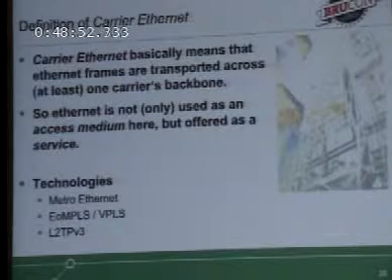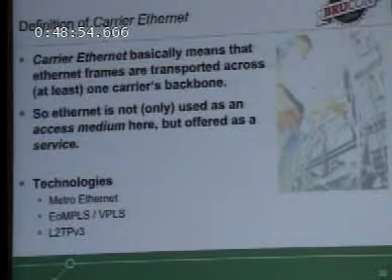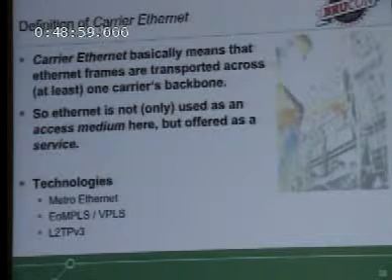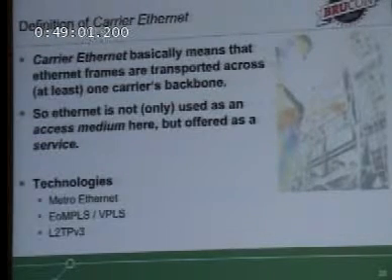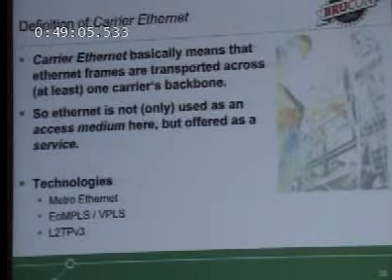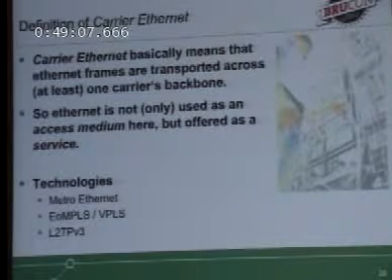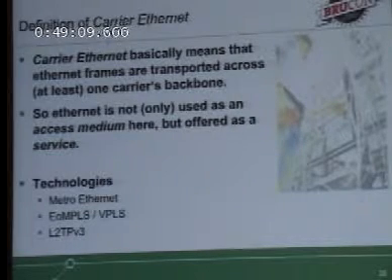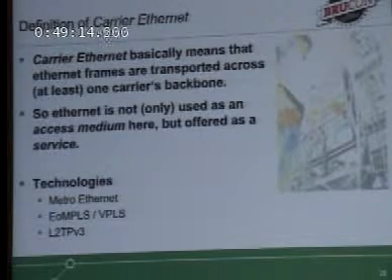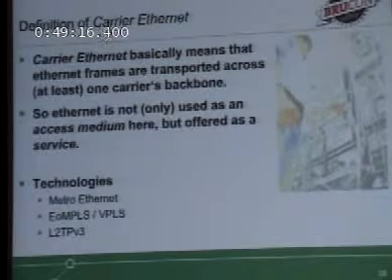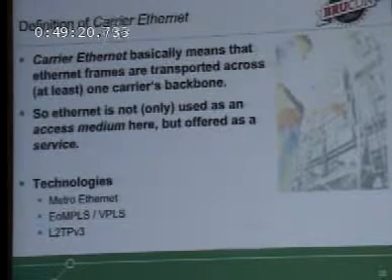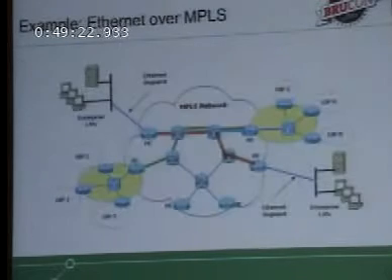So Ethernet is not only used as an access medium, it's used as a service, and these services are, depending on the provider or the implementation, called Metro Ethernet or Ethernet over MPLS or virtual Ethernet frames. You can use layer 2 tunneling protocol version 3. So all these kinds of technologies are used for carrier Ethernet.